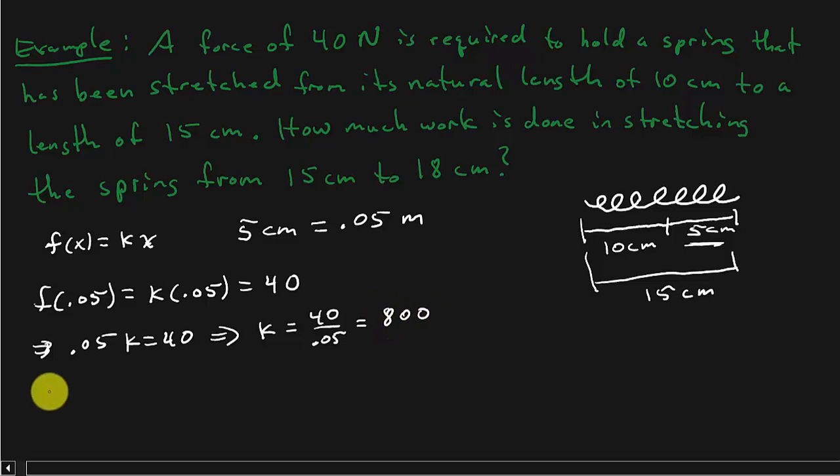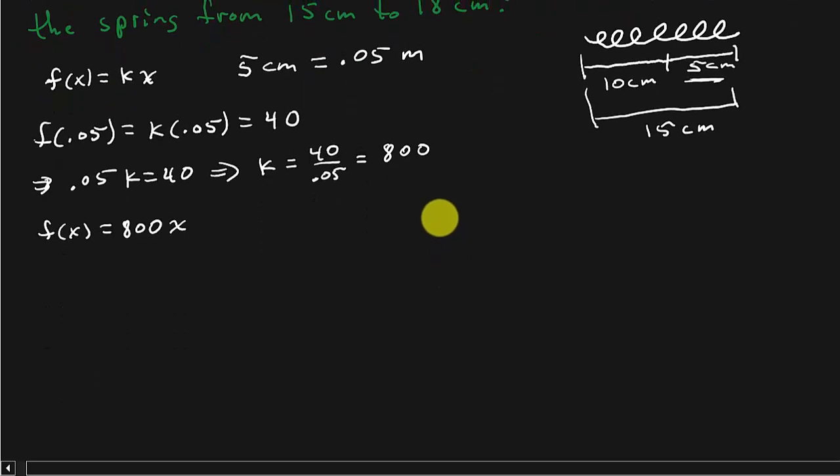So that's k. So that means we have f of x is equal to 800x. All right. Now we just integrate. So we're going to integrate this function 800x dx.